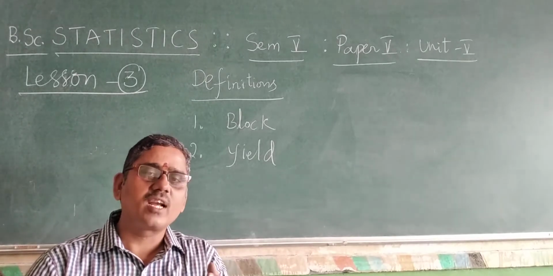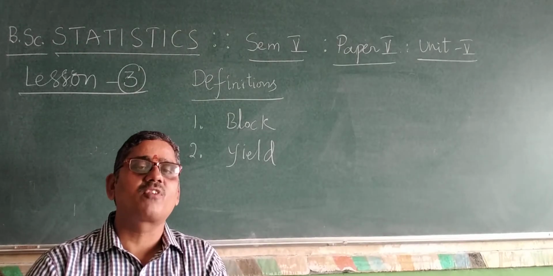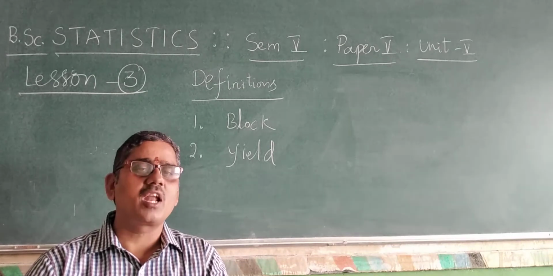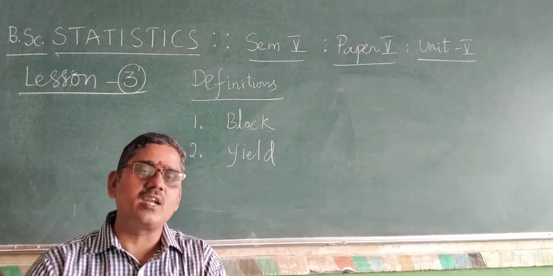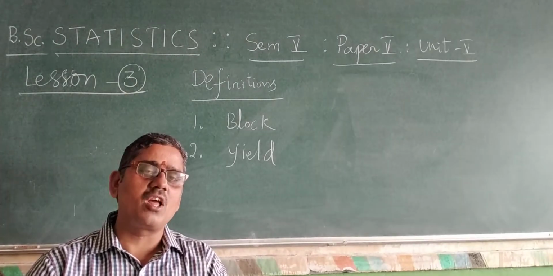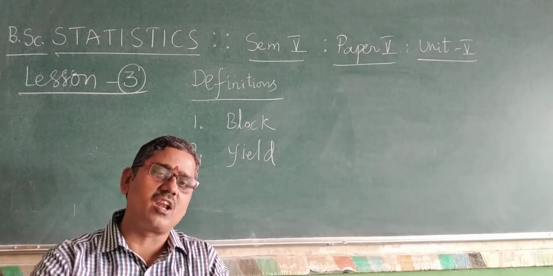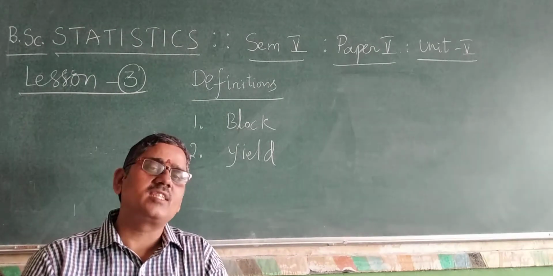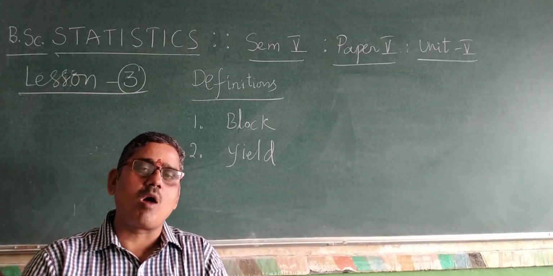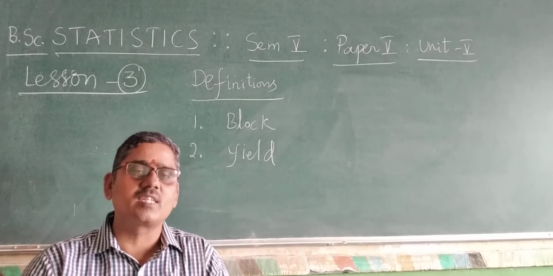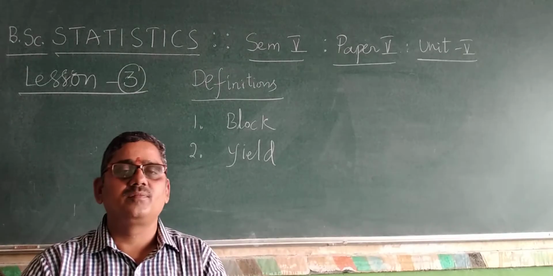That is, how much rice is obtained from a particular experimental unit. For example, 100 kilos of rice have been obtained from that experimental unit by applying a particular fertilizer. That 100 kilos of rice is nothing but yield.